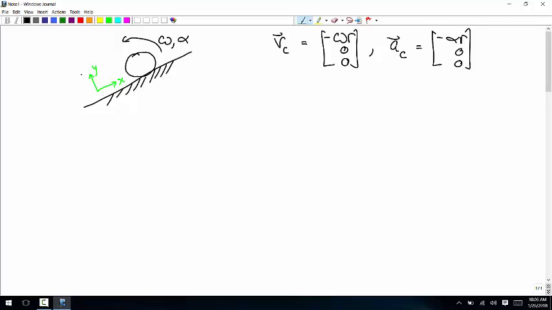Just think about the directions and that it makes sense. Right now, if omega is positive, you have a velocity in the negative x direction, and you know that if a wheel's rolling this way, it has to be going that way. So if you just think about it intuitively, you can figure out the sign thing.